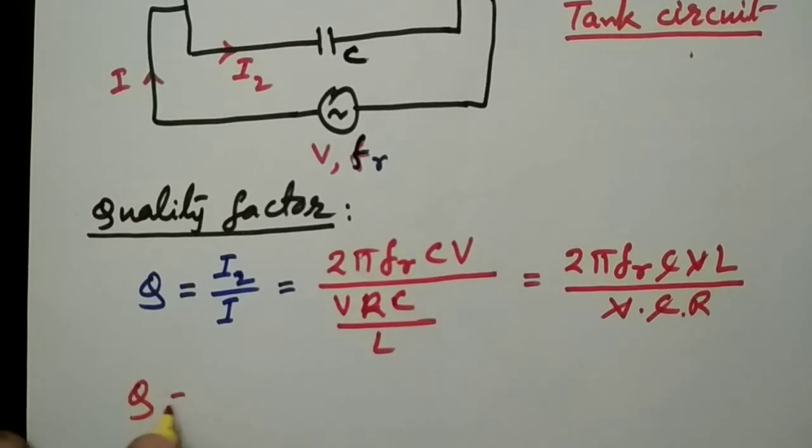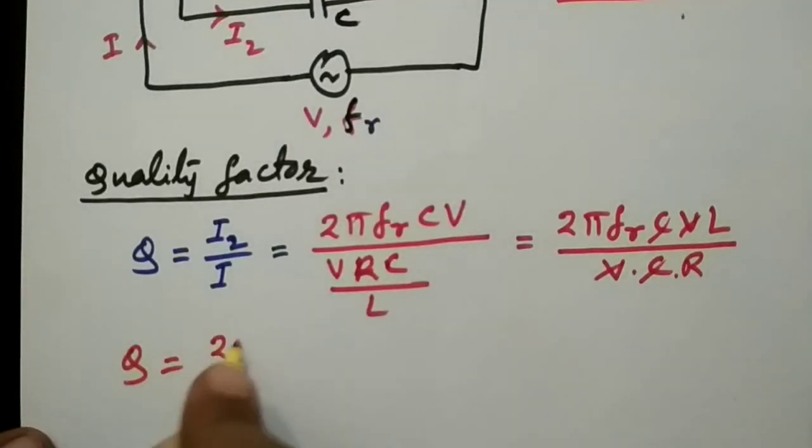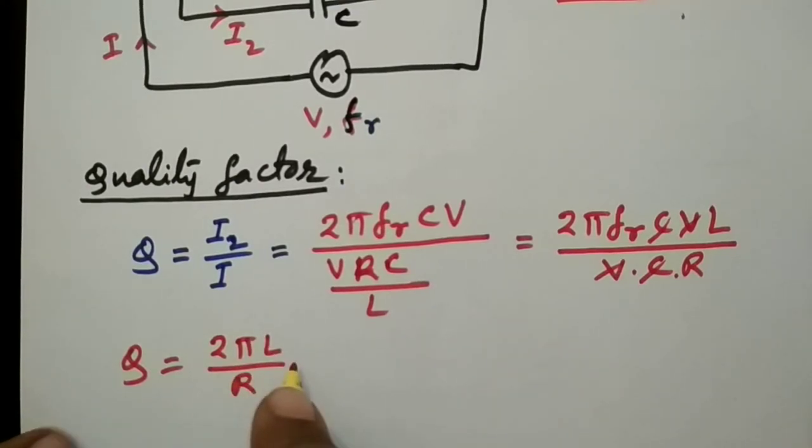So the quality factor is 2 pi L upon R into FR.